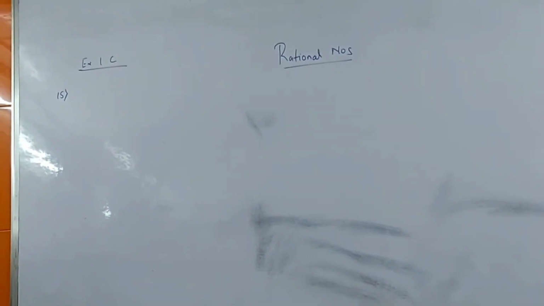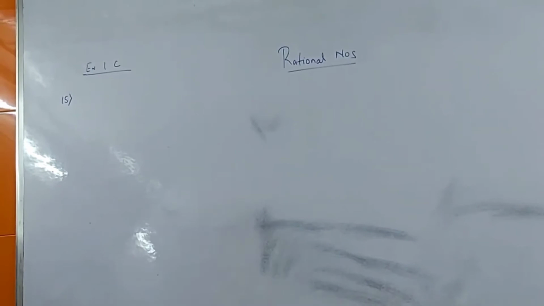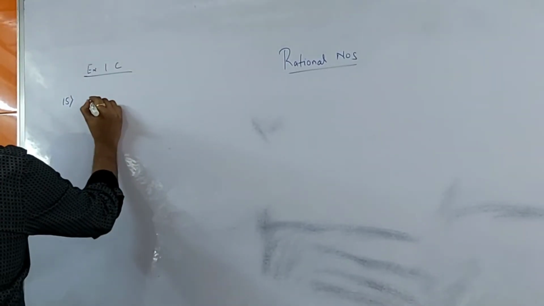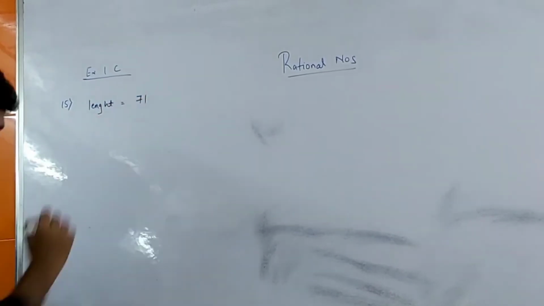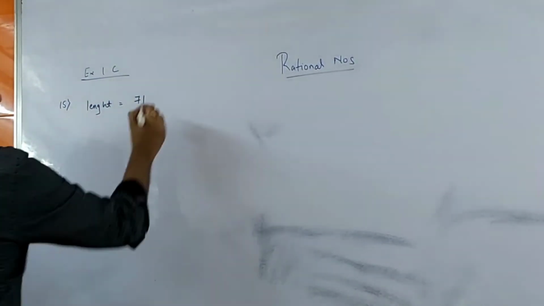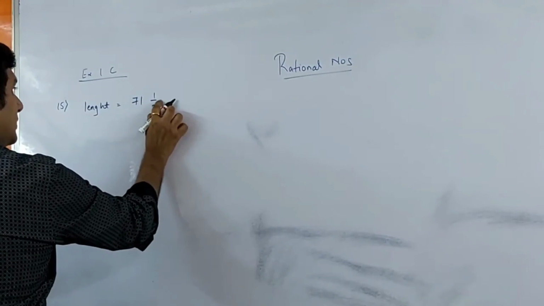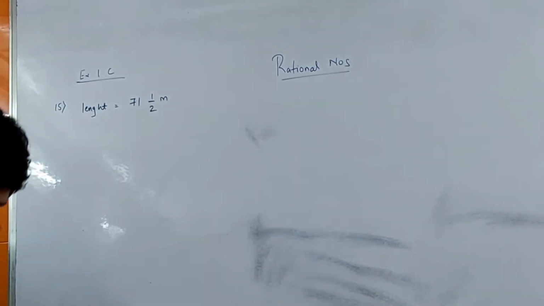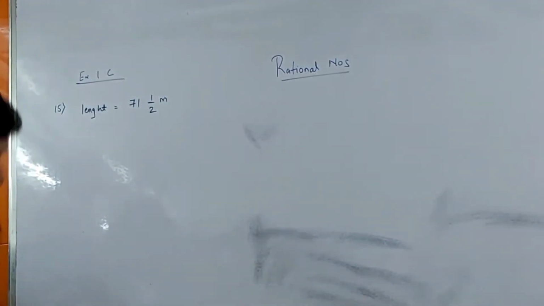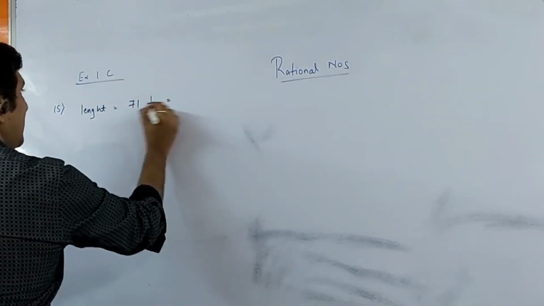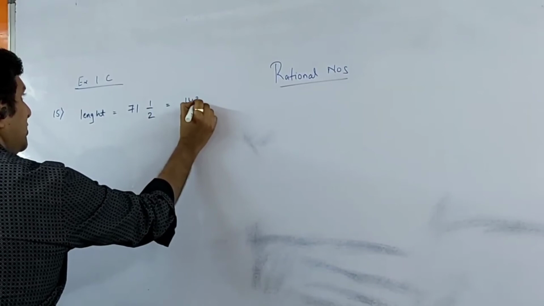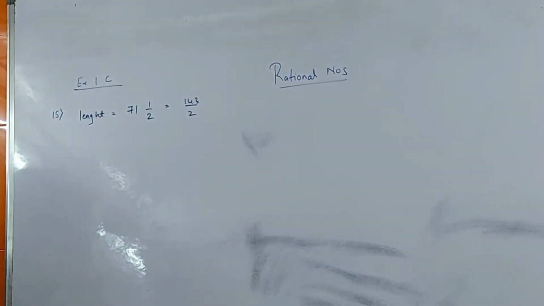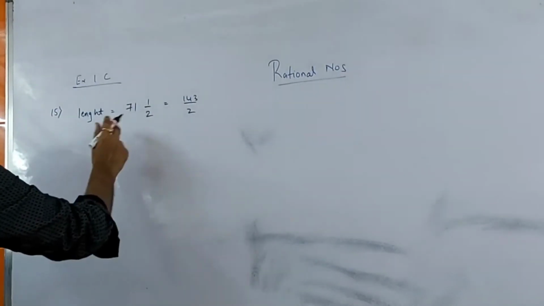A cord of length 71 1 upon 2 meters has been cut into 26 pieces. The units are not mentioned here. So what is 71 twos? 2 sevens are 142 plus 1, 143 upon 2.